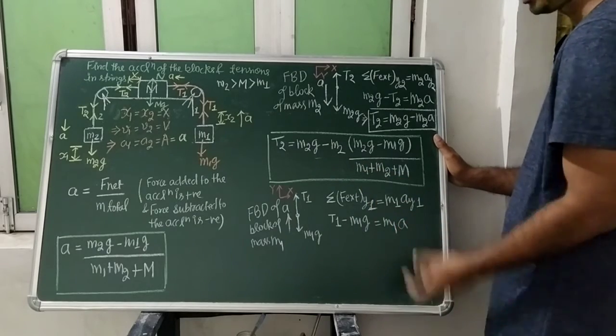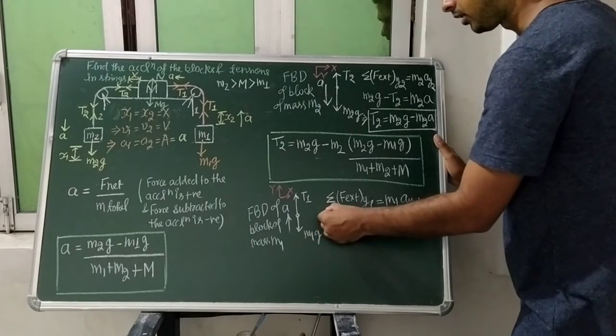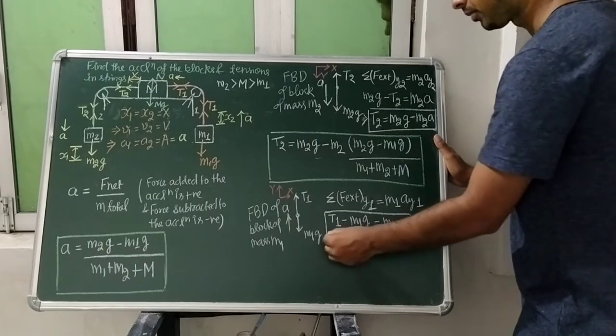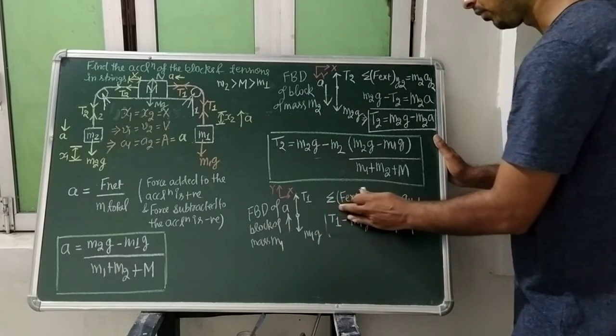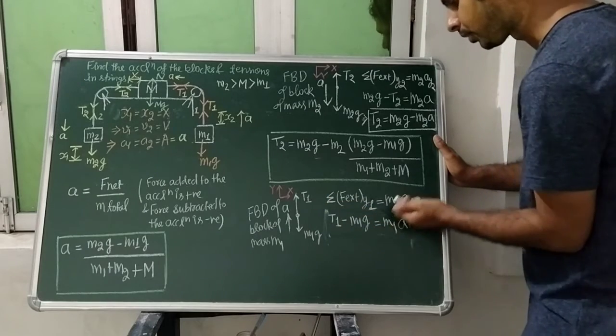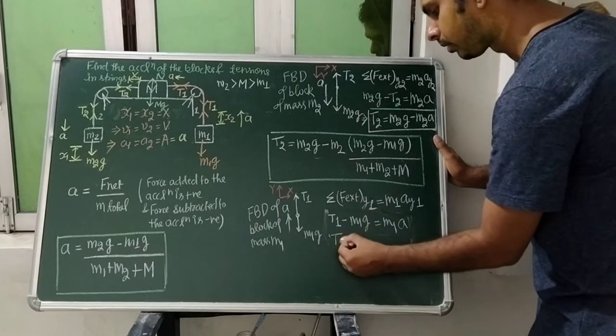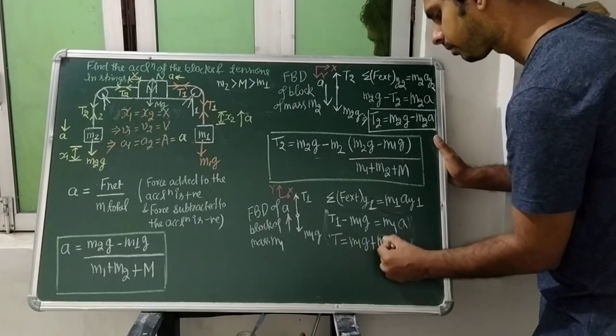A. That will be positive, in whatever direction the acceleration is present, that you are seeing as your positive, so this is going to give us this result, isn't it? And from here, students, this T1 will become equals to M1G plus M1A.